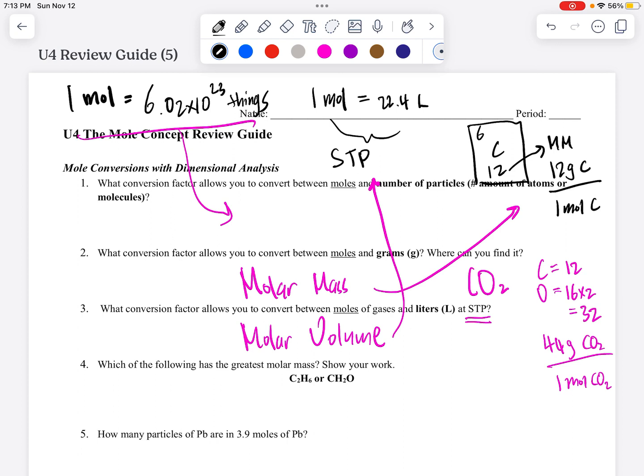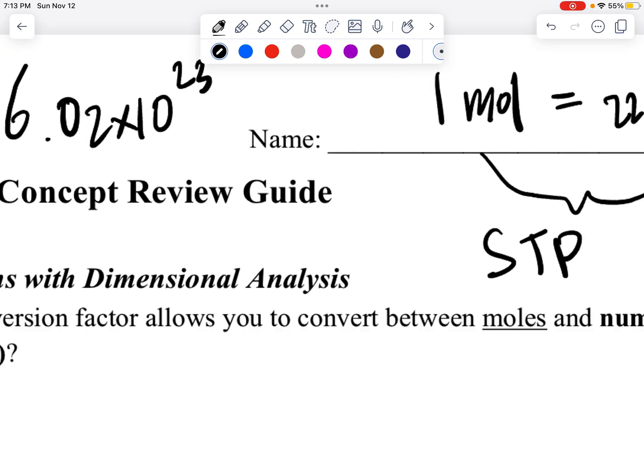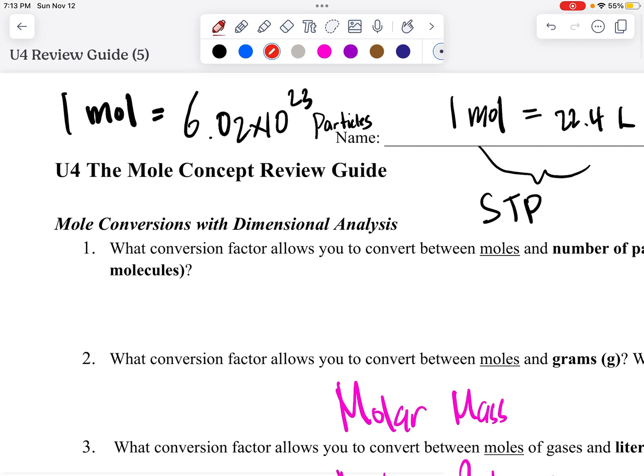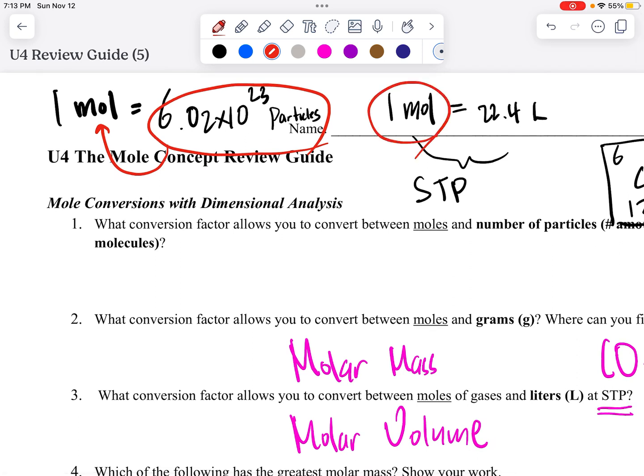So what you're going to have to do is go from number of particles to the number of moles, and from moles I can go to the number of liters, volume, using the molar volume conversion factor. So that's particles to moles to liters.